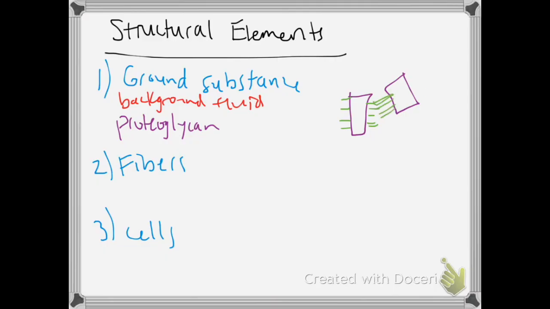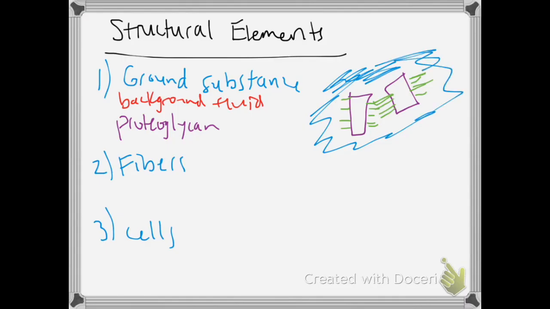So what these carbohydrates are doing, these carbohydrate extensions, they're meshing. So they're kind of forming the basis of this matrix. And then you have all this fluid around. So that's your background fluid, along with your proteoglycans. And then we have these fibers. These fibers are just all around. And we had a few different types of fibers, things like elastic fibers, collagen fibers, reticular fibers.